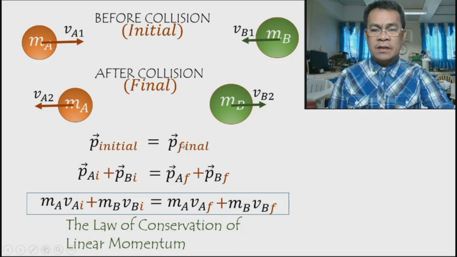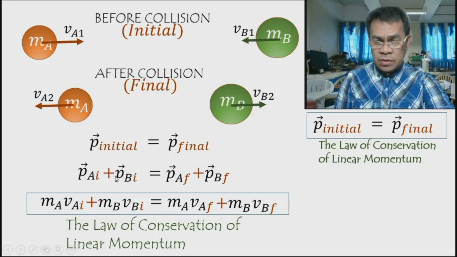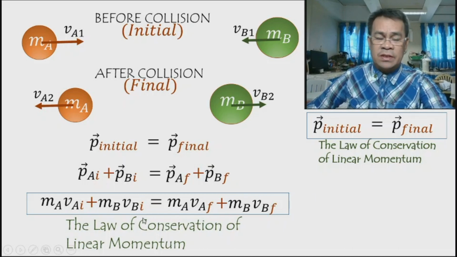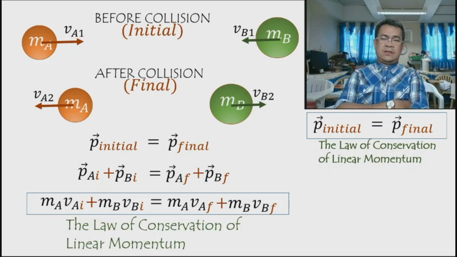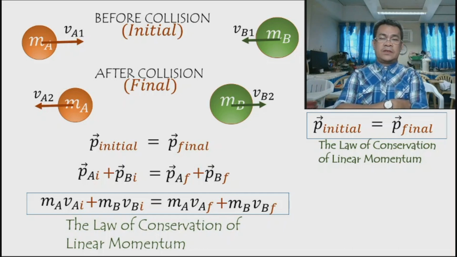Now remember that momentum is a vector quantity, so we are always concerned with the direction. If you use this formula, because this is the law of conservation of linear momentum, then once any objects collide, we can always apply it. It is moving in a straight line. The law says that the total initial momentum should be the total final momentum.